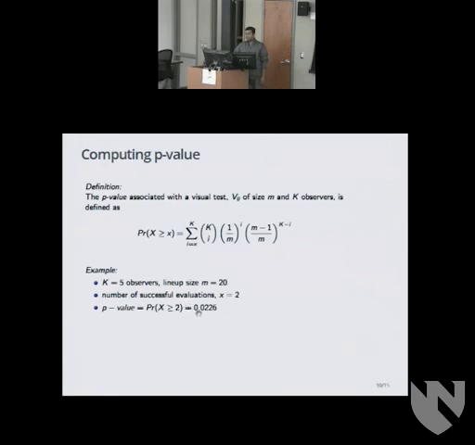And that probability is 0.0226. If the null hypothesis is true, that is the probability that people will correctly pick that. That's a very low probability. So that is evidence for the alternative hypothesis, right? So maybe we should reject the null hypothesis. So this is how we can compute the p-value.